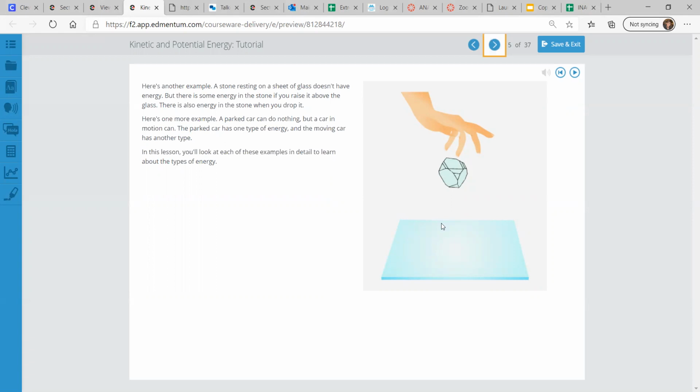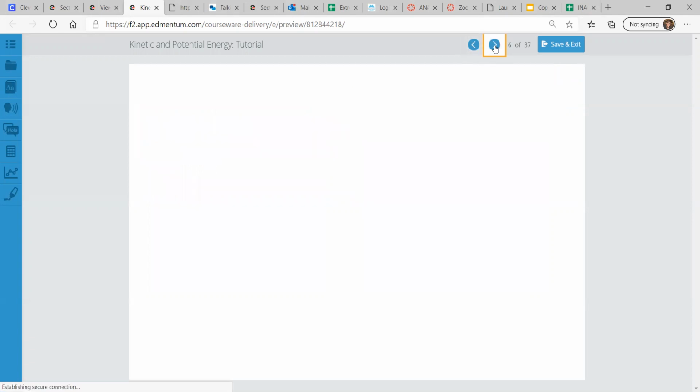And one more example: a parked car can do nothing, but a car in motion can. The parked car has one type of energy and the moving car has another type of energy. In this lesson, we're going to look at each of those examples in detail to learn about the types of energy.